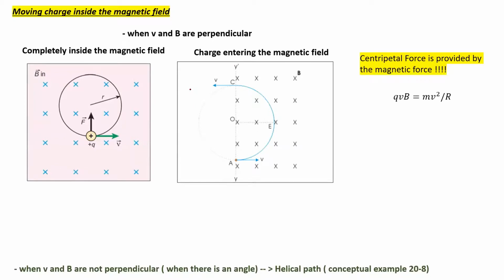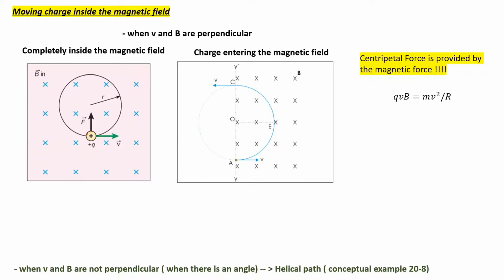So moving charges are more interesting than currents. So what happens is, let's say we have a charge moving this way. So forget about the B field for now.